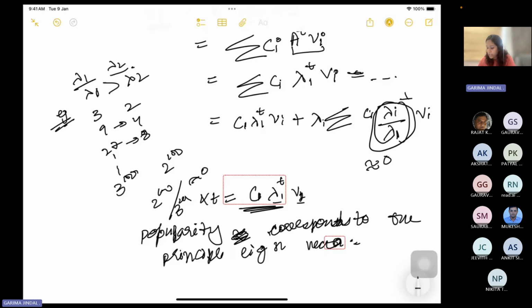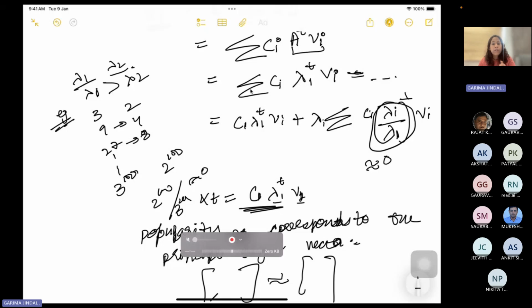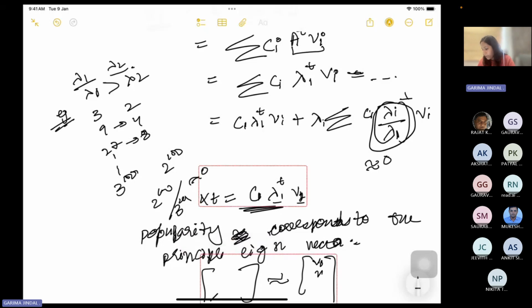You will calculate the principal eigenvector for this matrix, and the principal eigenvector, maybe the values v1, v2 up till vn, will give you the importance of each node.